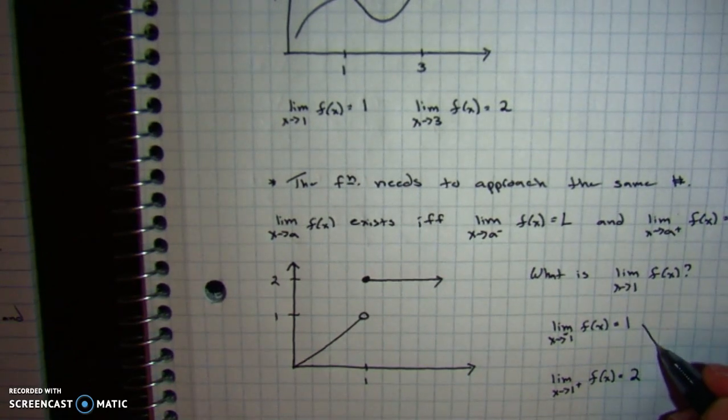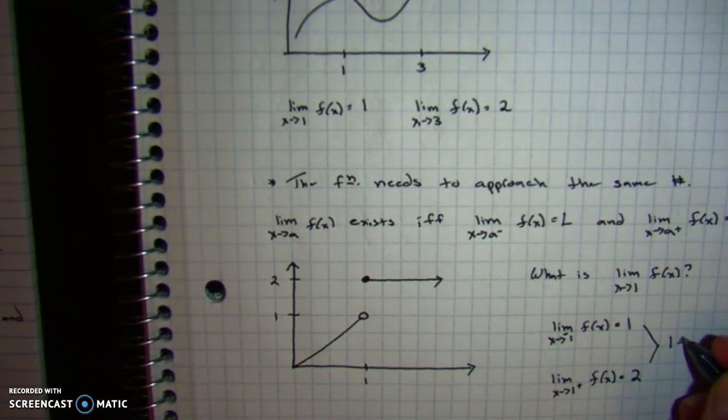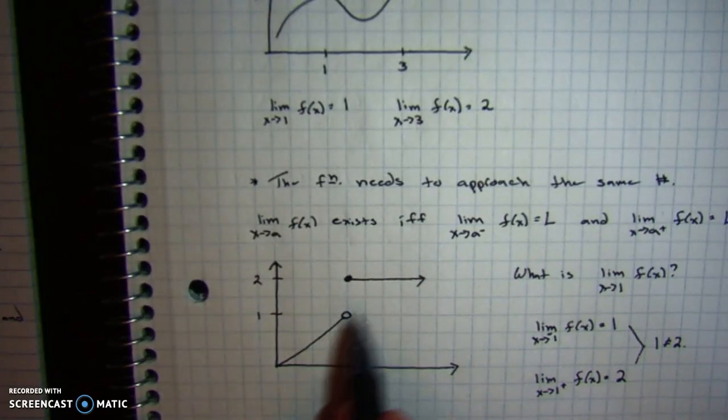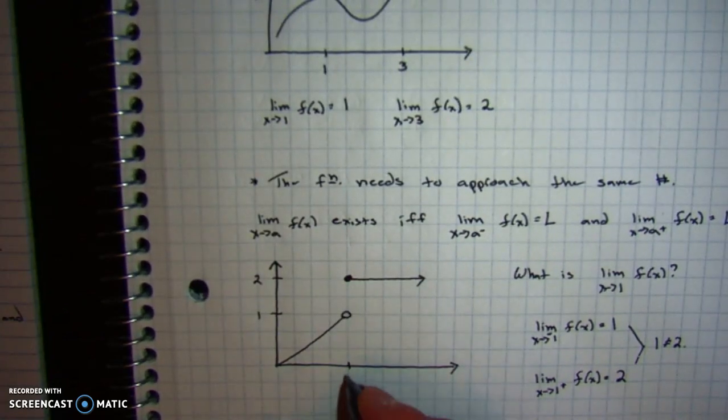Well, 1 is not equal to 2. There you go. So since that doesn't approach the same value, at 1 no limit is going to exist.